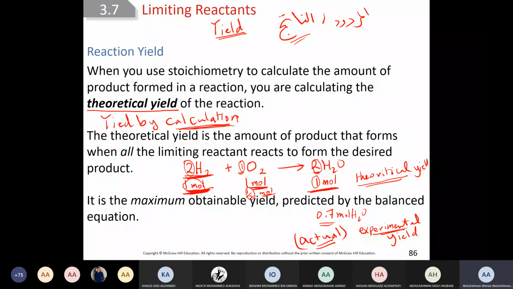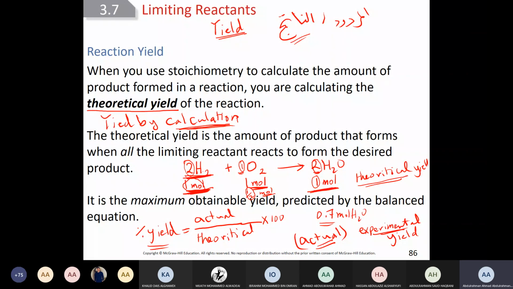One more time. What's the percent yield? Percent yield is equal to actual over theoretical times 100. This is called percent yield. Is this clear? Doctor, do you mean here the mass or what?